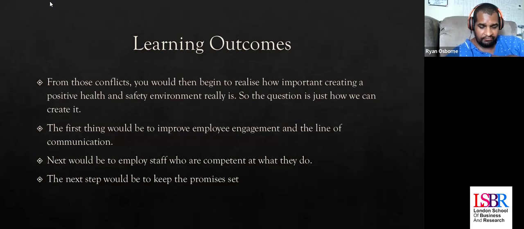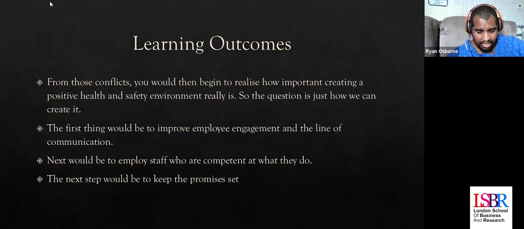You've got the certification, and you've got the experience to prove that yes, I'm competent at my job. I know what I am doing. And so this is what any organization would look for. They would look for staff who are competent. So they are theoretically competent and they are practically competent as well at what they do.